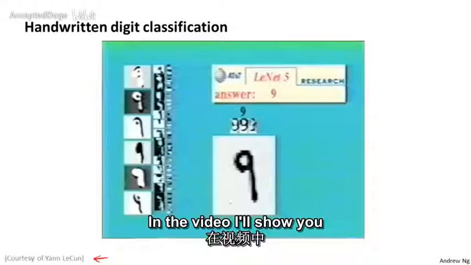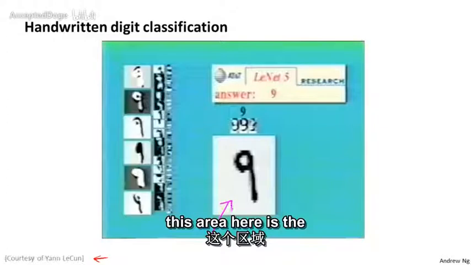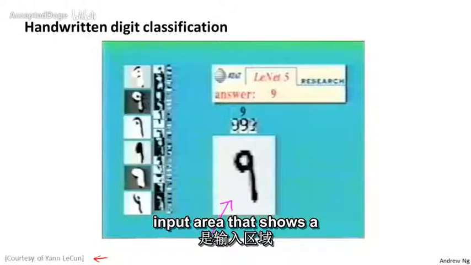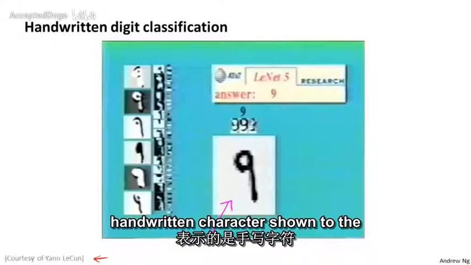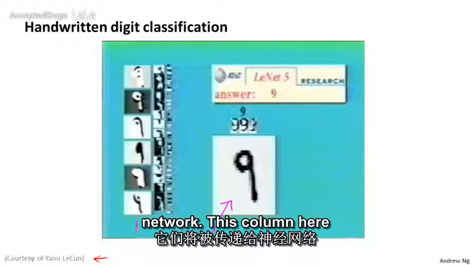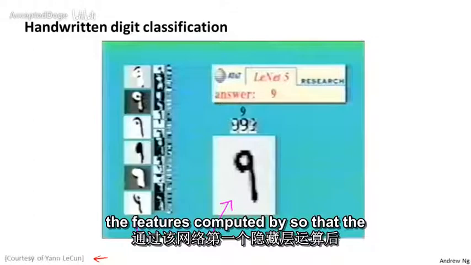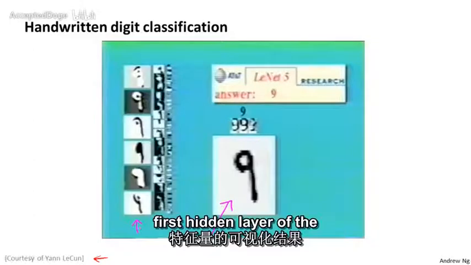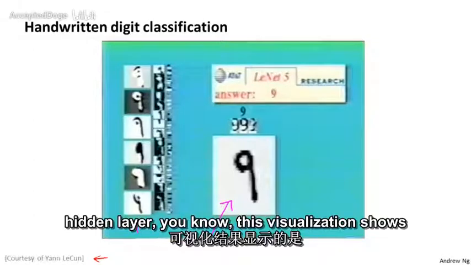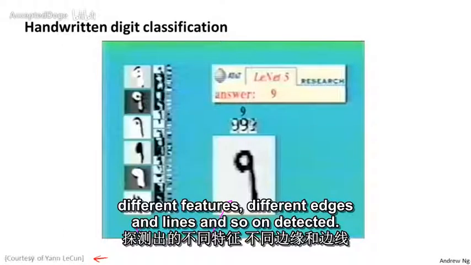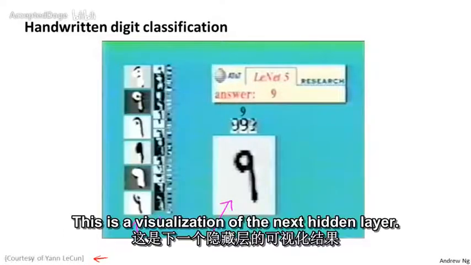In the video that I'll show you, this area here is the input area that shows a handwritten character shown to the network. This column here shows a visualization of the features computed by the first hidden layer of the network. So in the first hidden layer, this visualization shows different features, different edges and lines and so on, detected. This is a visualization of the next hidden layer.